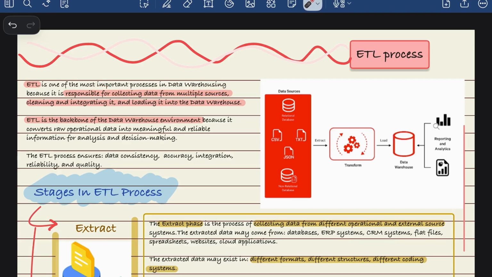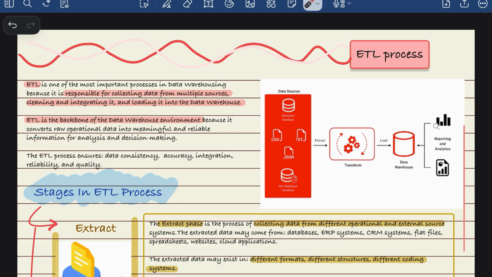As I told, it is the backbone and it is responsible for collecting data from multiple sources, cleaning and integrating it, and loading it into the data warehouse. All the processes that are essential for data to become eligible for analytics are performed by ETL. So you see, it converts raw data into meaningful information.